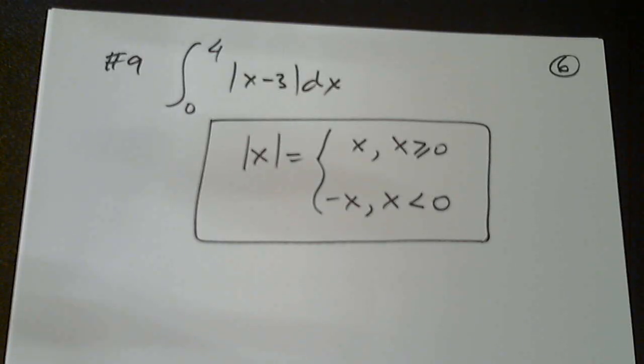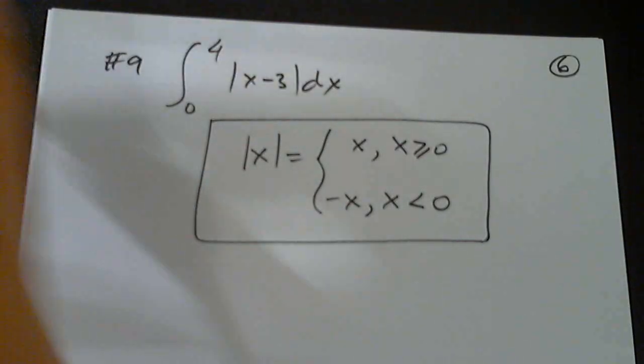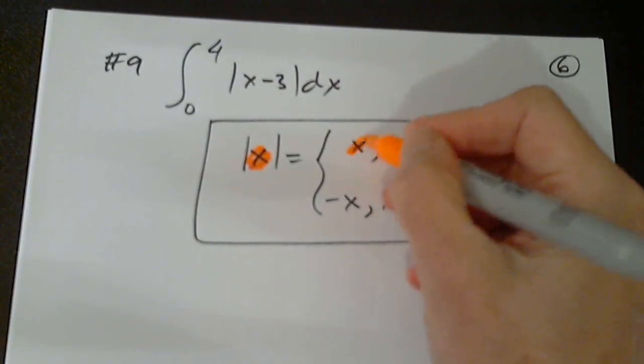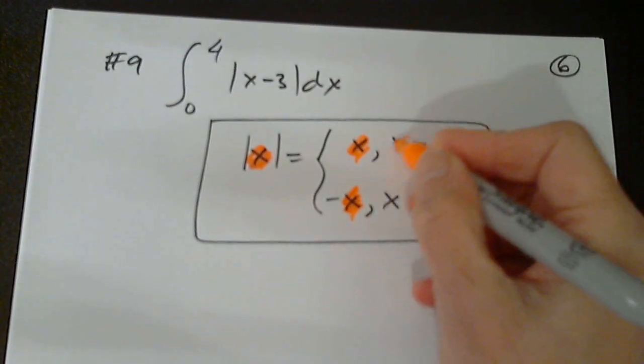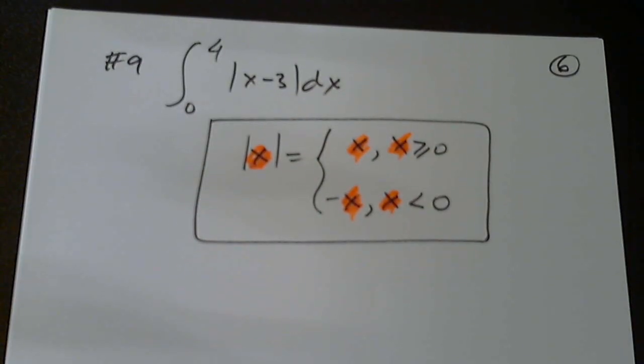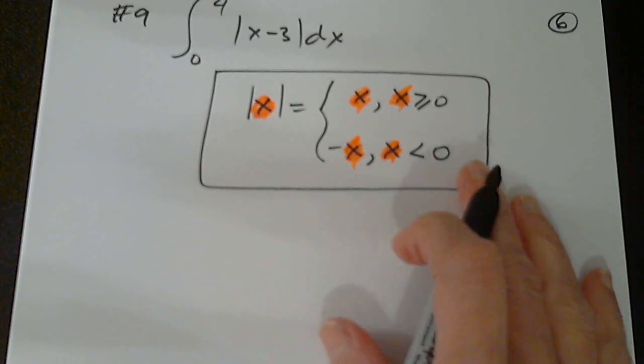But what if I have not x, but some other expression in x? It doesn't matter. This and this and this, they're all the same. So now I can replace them by x minus 3, and I just mimic what I see.